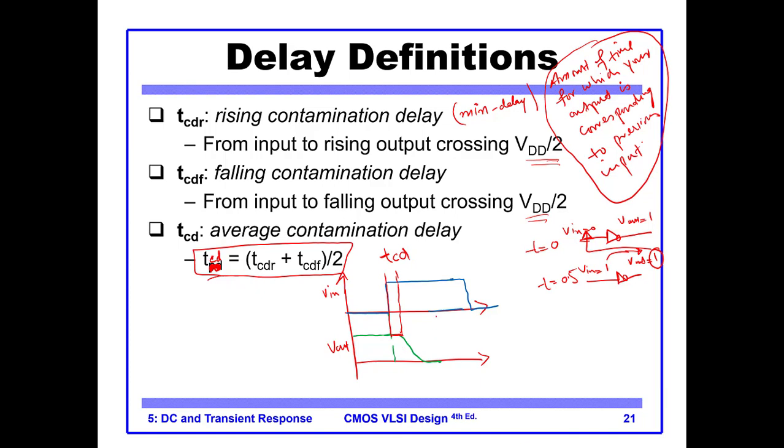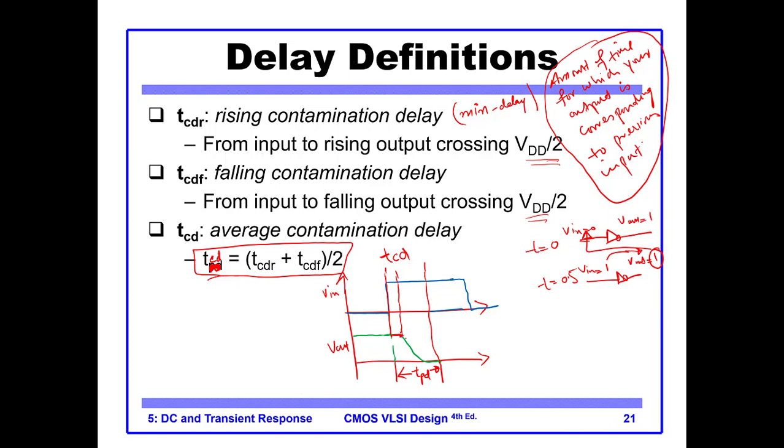From here to here, you see this whole time is called TPD. This is the amount of time that is required for the output to get effect.